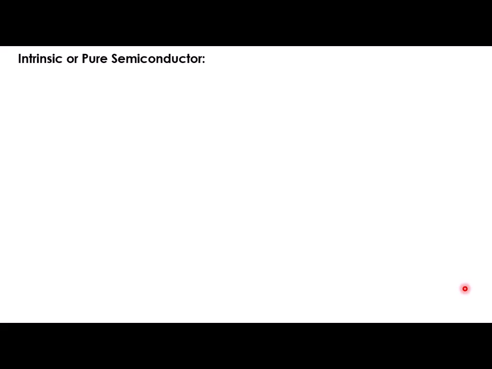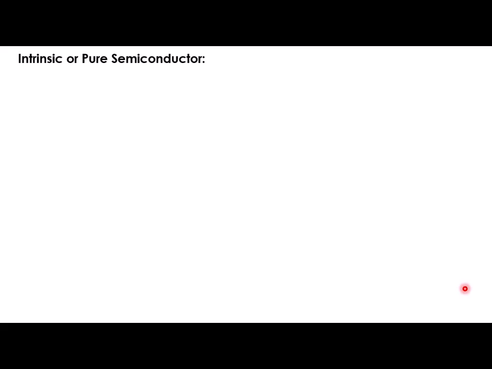The examples are silicon and germanium, and you can get intrinsic semiconductor as a single crystal. Single crystal in the sense that the entire crystal is made up of only germanium or silicon atoms. Now let us discuss the process of electrical conduction in an intrinsic semiconductor.